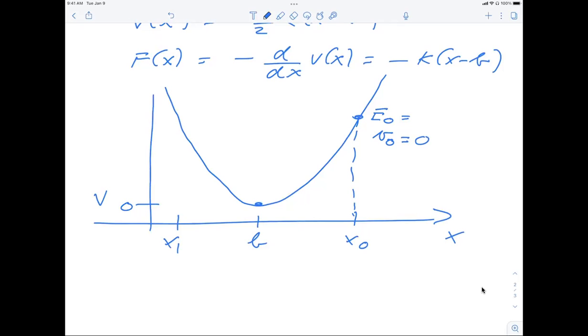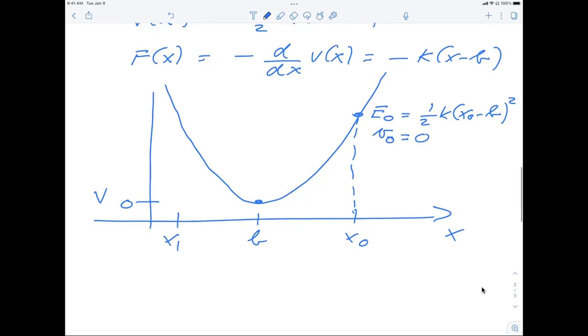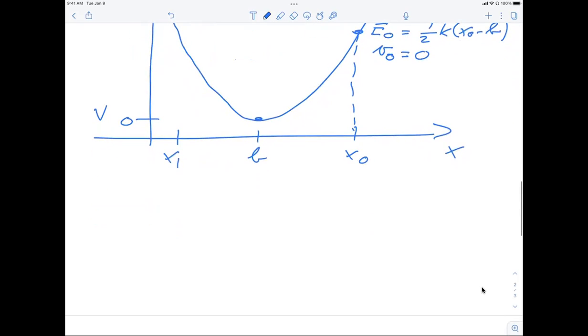So you could think of the object being at rest. That means that we have an energy which is 1/2 K (x0 minus b) squared. So now I put the kinetic energy to 0 at that specific point. So we have defined this energy.